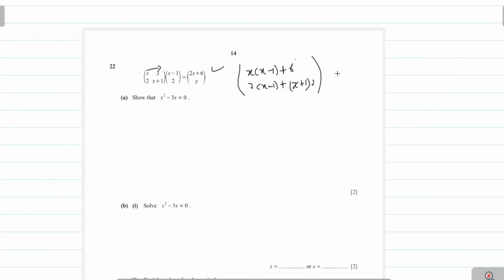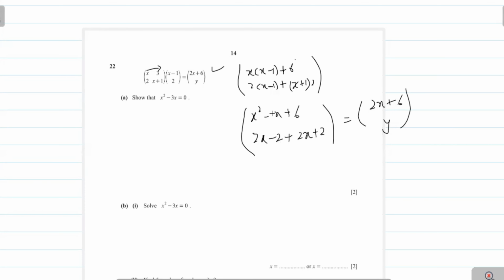Now we can write this as x squared minus x plus 6, and this is 2x minus 2 plus 2x plus 2 equal to 2x plus 6 and y.